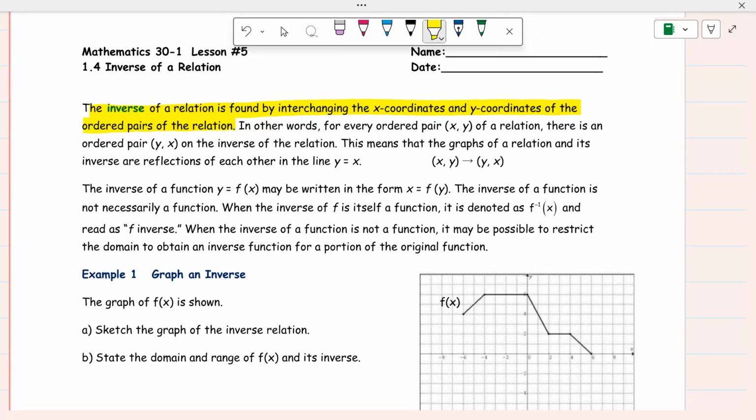So in other words, for every ordered pair (x, y) of a relation, there is an ordered pair (y, x). So flipping the ordered pair gives the inverse relation. This means that the graph of a relation and its inverse are reflections of each other in the y = x line. That's kind of hard to visualize right now, but once we start sketching, you'll see.